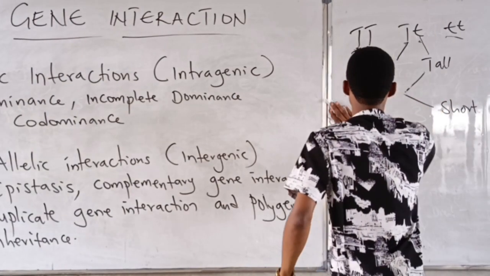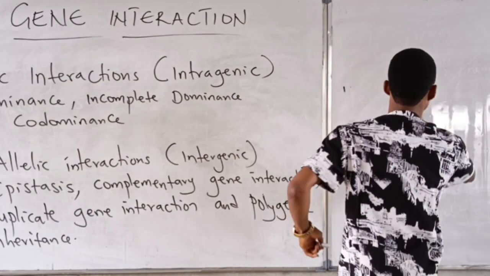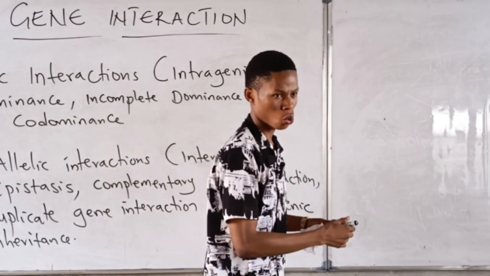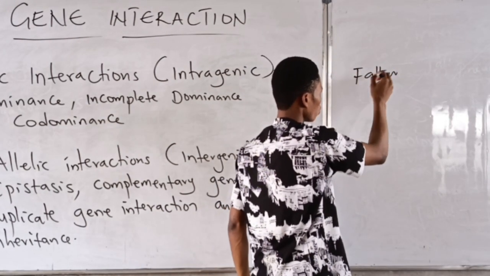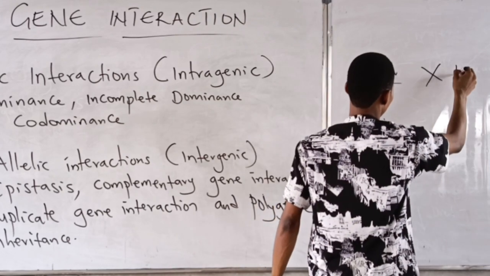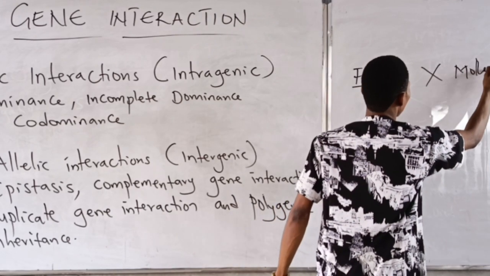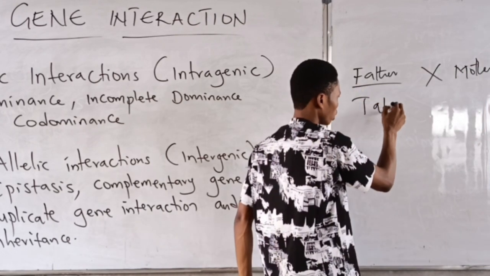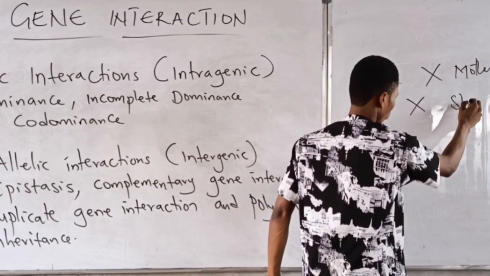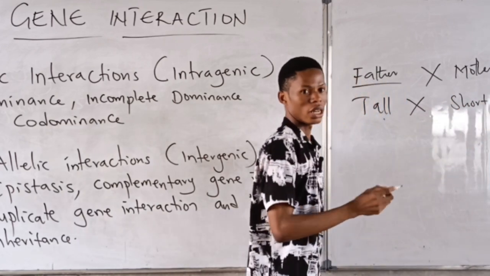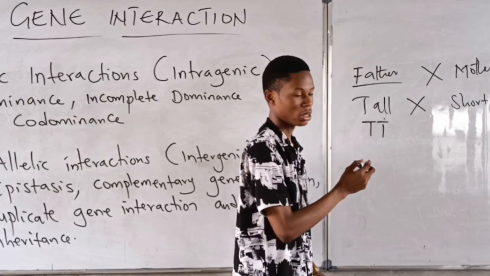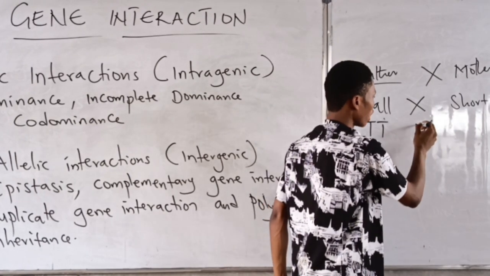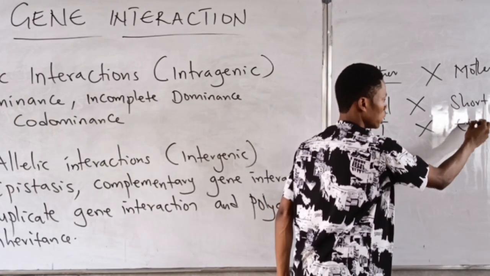Now, dominance. If your father is tall, the last class I used my own father, let's use your own father. If your father is tall and your mother is short, let's say this is the genotype TT of the dad and the genotype of the mom tt.